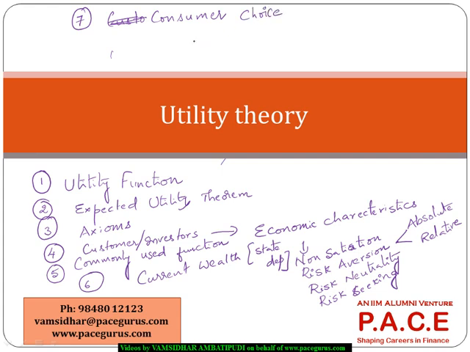Because at the end, I want to invest where my utility is maximized, or from a consumer standpoint, I want to purchase that particular good or service where my satisfaction or utility is maximized. So using this, we'll try to do a few calculations, both from an investor standpoint as well as from an individual customer standpoint. And towards the end, we would be discussing a concept called dominance theory.